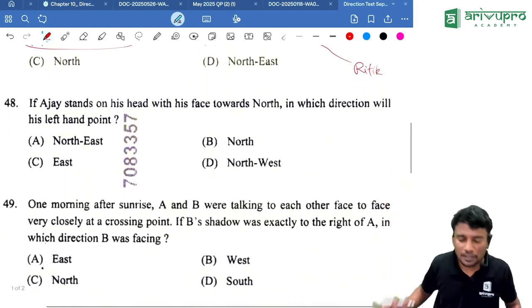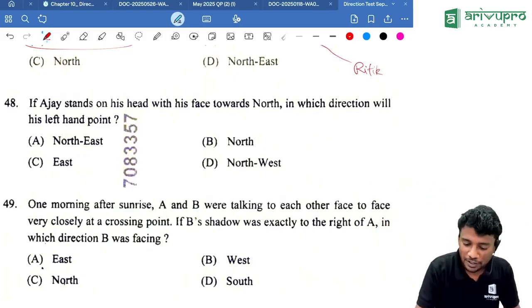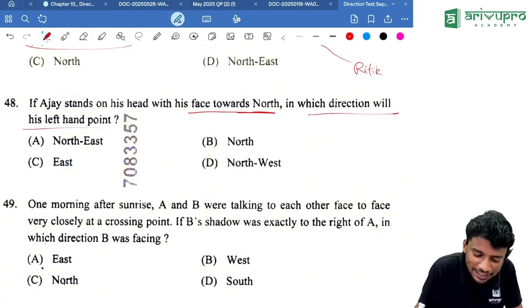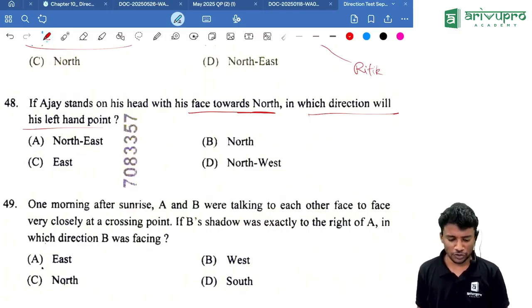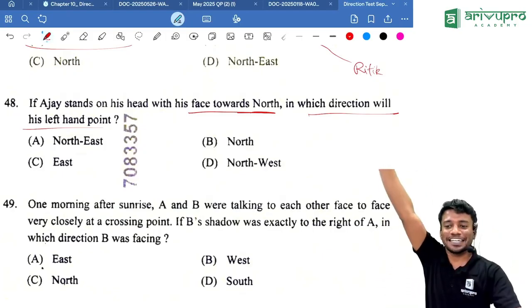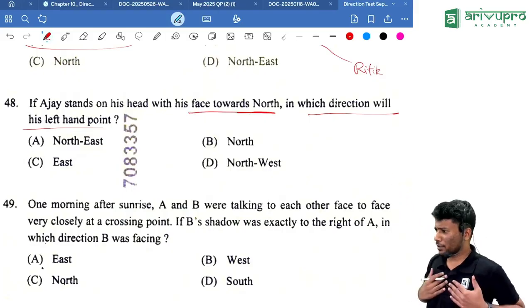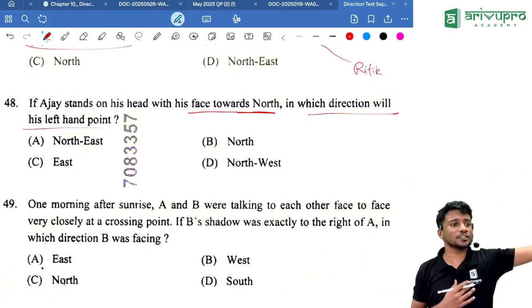Now tell me the answer. If Ajay stands on his head with his face towards north, in which direction is the left hand pointing? West, east? So a normal person looking towards north, his left hand is towards which direction?